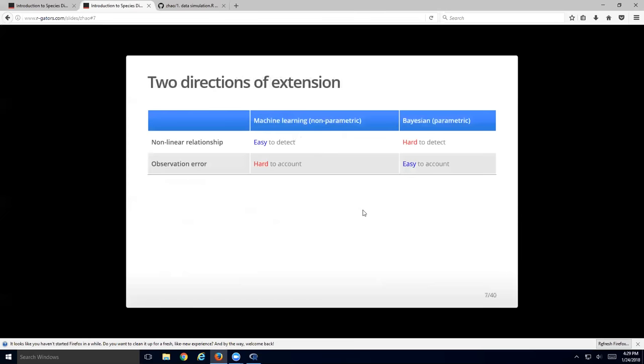And based on that, we can make the model more complicated to account for more interesting stuff. One interesting thing we want to look at is nonlinear relationships. But we also have the machine learning and the Bayesian approaches. The machine learning approach is better at detecting nonlinear relationships because it's almost automatic.